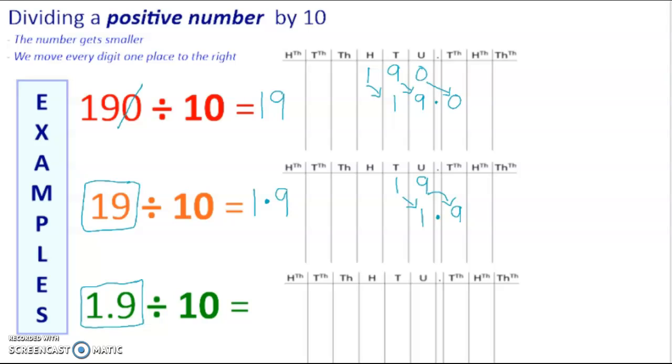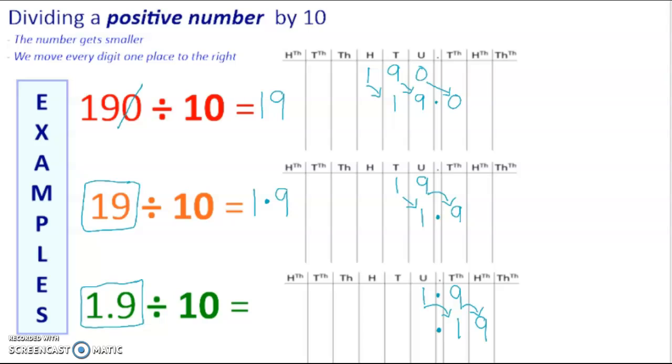My 1 goes under my units, my decimal point stays in the decimal point column, and my 9 goes in my tenths column. To divide by 10, every digit moves 1 place to the right. So the unit jumps to the tenths column, and the 9 moves to the hundredths column. Now remember, there should always be a decimal point in the decimal points column.